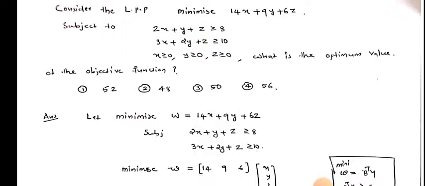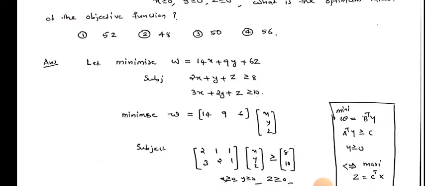What is the optimum value of the objective function? First option 52, second option 48, third option 15 and fourth option 56.